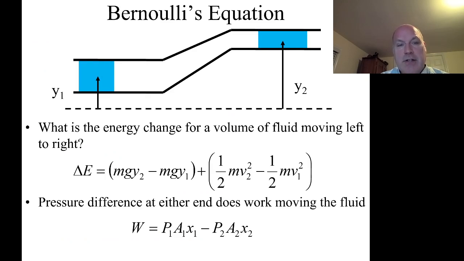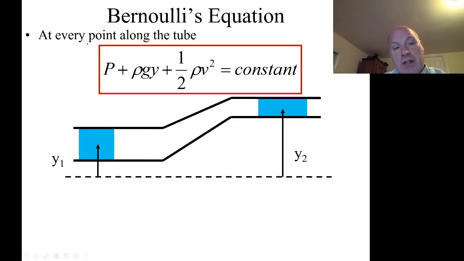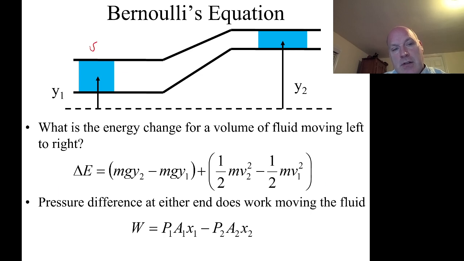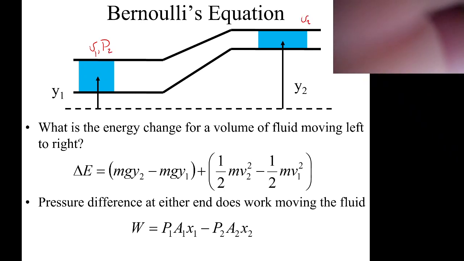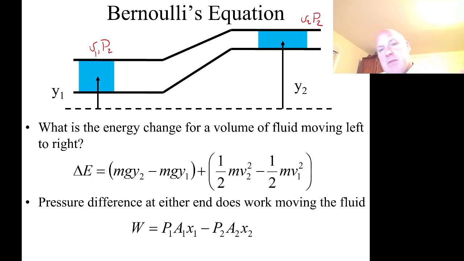So, as a reminder, Bernoulli's equation was the one that enabled us to figure out things like the velocity and the pressure at different locations in some pipes.